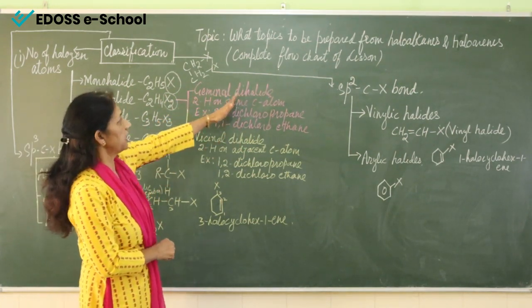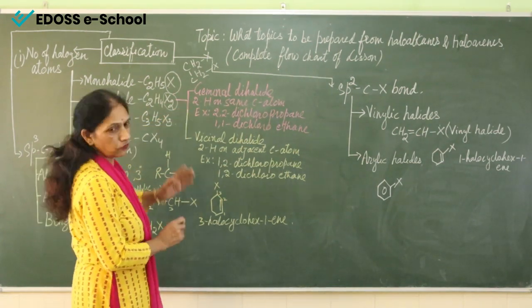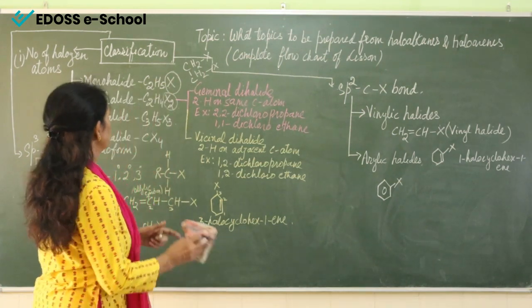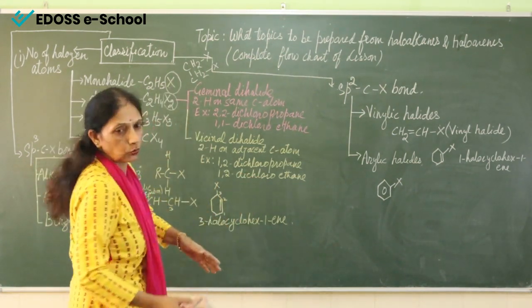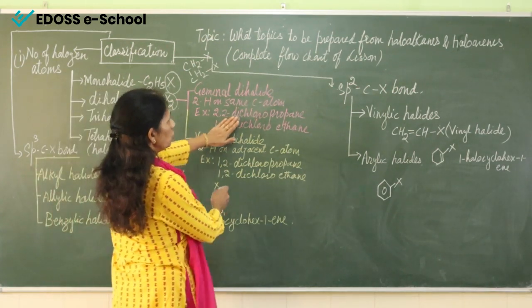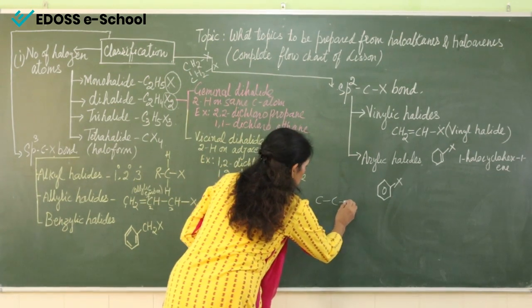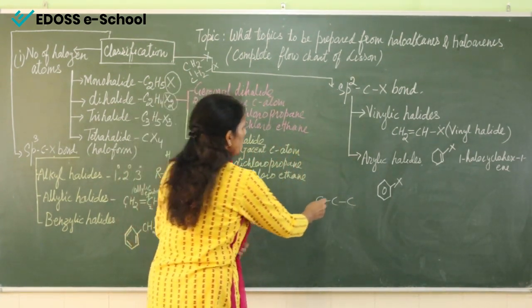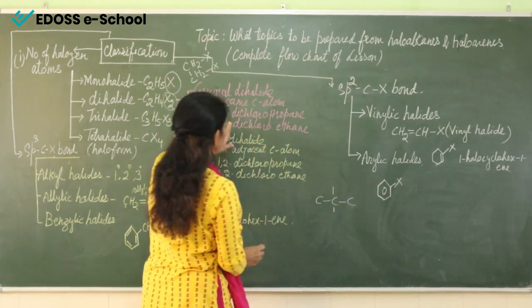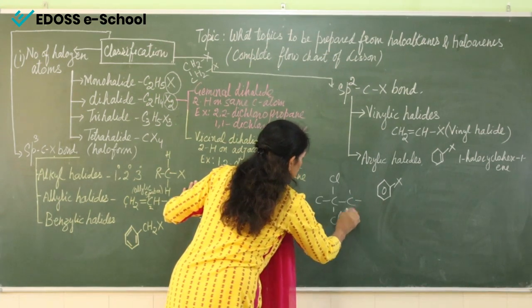Now what are geminal dihalides? See, I have written the example here, and this is 2,2-dichloropropane. So for 2,2-dichloropropane, first we have to draw the structure of propane. This is propane, and on the second carbon 2 Cl are attached, and these are hydrogen.